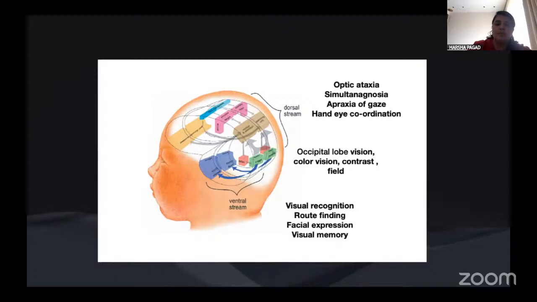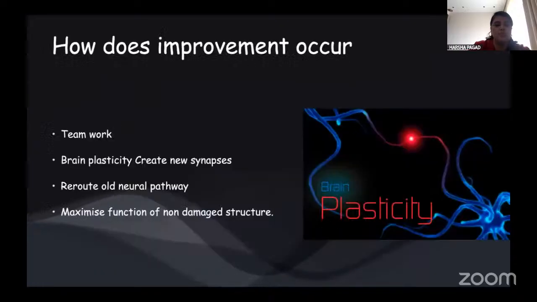Otherwise, if there is dorsal stream dysfunction, then we have cognitive dysfunction like optic ataxia, simultanagnosia, apraxia, and difficulty initiating hand-eye coordination, but vision is fairly good. If we have ventral dysfunction, then we have impairment of visual recognition, route finding, facial expression, and visual memory.